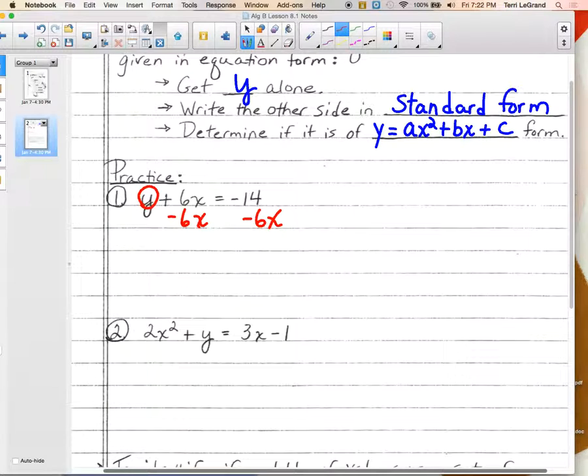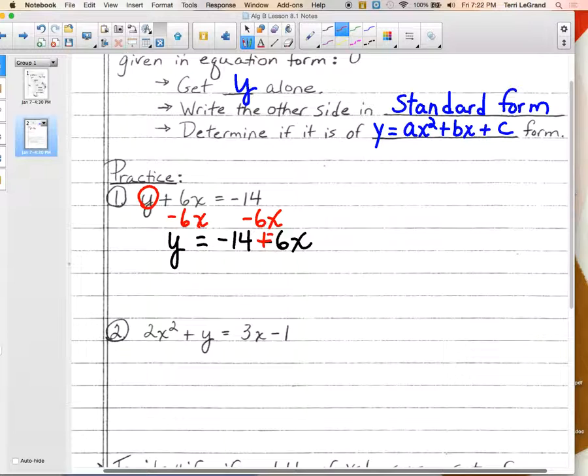So we have just y now on the left side. We have negative 14, subtract 6x. Well, I know your brain's already going here. We're going to rename that as add the opposite. And now we're going to put that right side in standard form. It says write the other side in standard form was the second step.